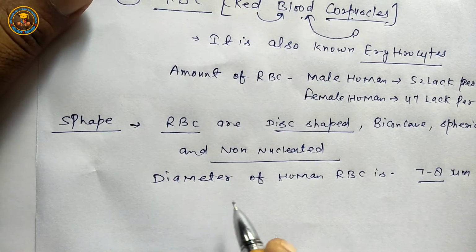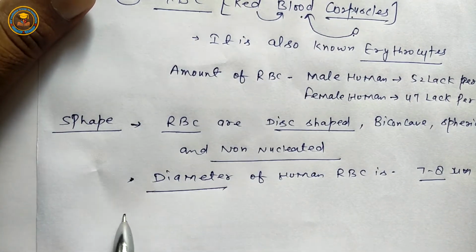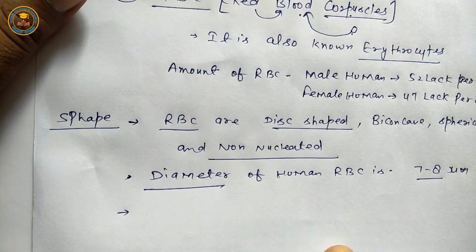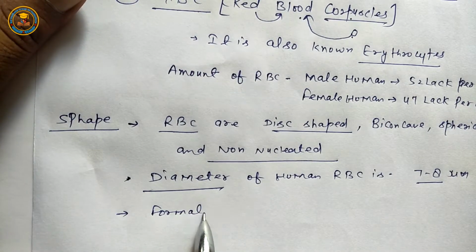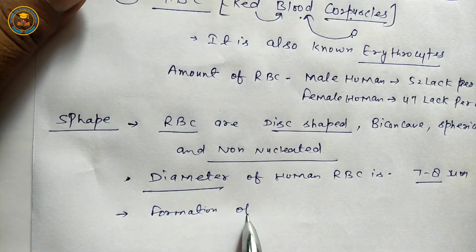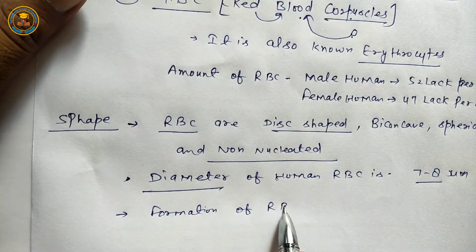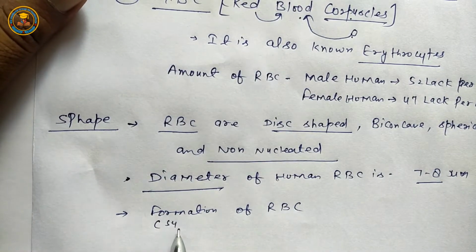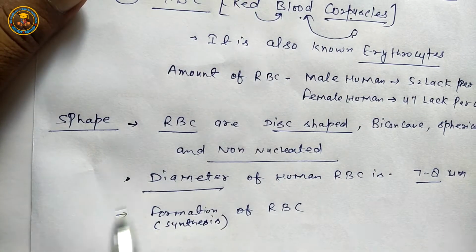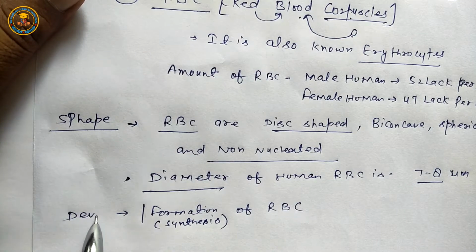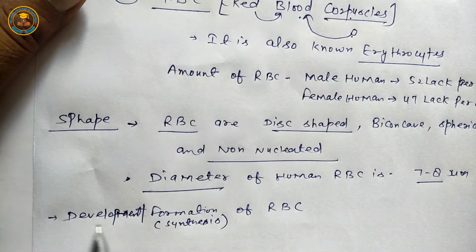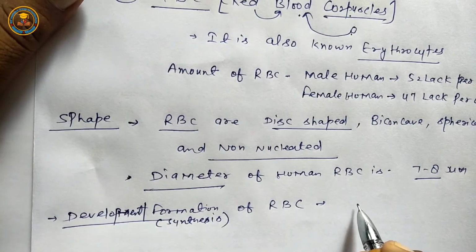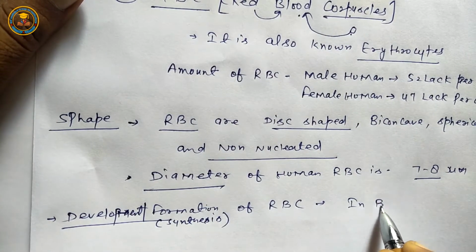Next is formation of RBC or development of RBC or synthesis of RBC in bone marrow.